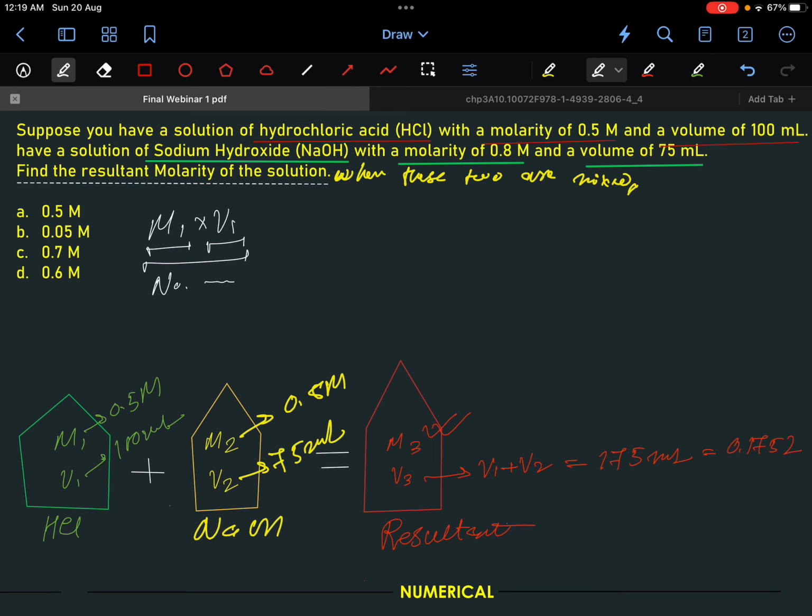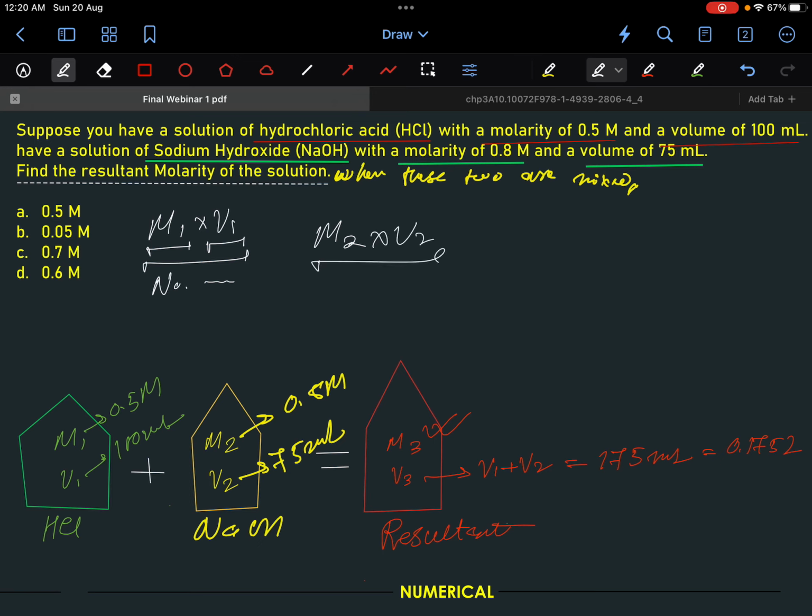We can find the number of moles by dividing the number of molecules by the Avogadro number. So M1 V1 is the total number of molecules of substance 1. And the number of molecules of substance 2 is M2 into V2.